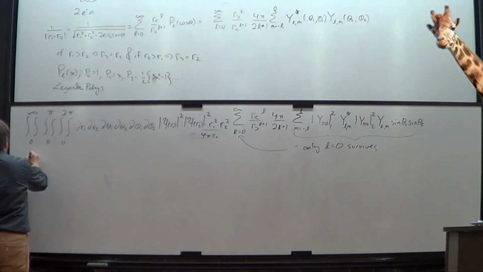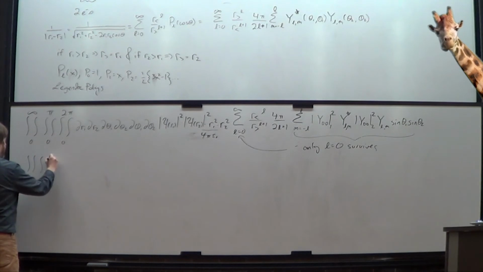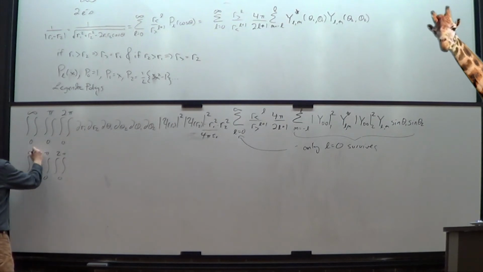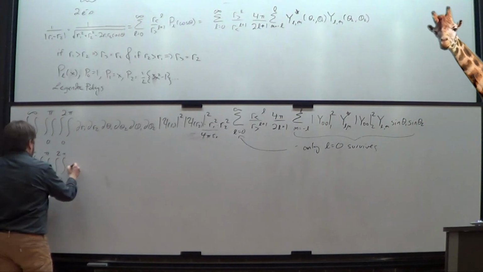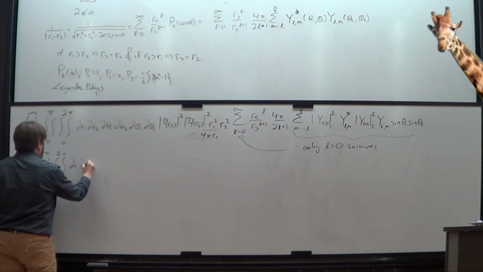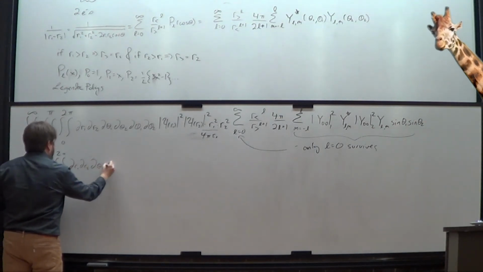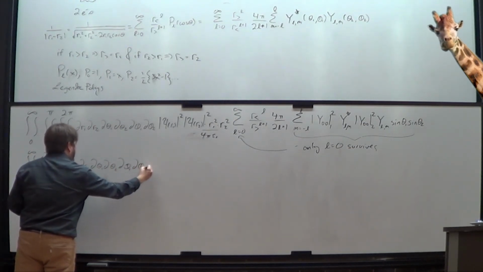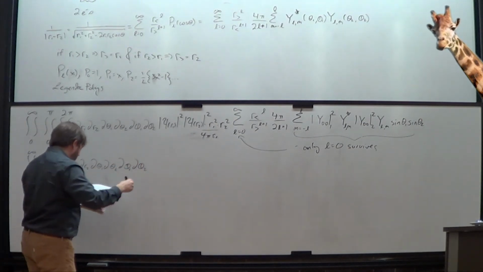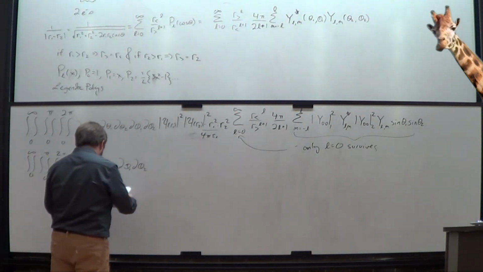Okay, so now let me do this again. The integrals from 0 to 2 pi and 0 to pi. I'm going to simplify this: dr1, dr2, d theta 1, d theta 2, d phi 1, d phi 2. I haven't simplified it too much yet.